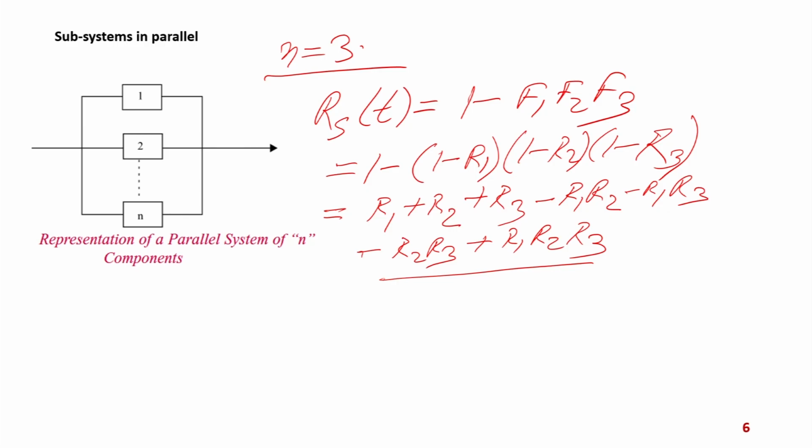So, now if I take a general case, I can write R s(t) is equal to 1 minus the product of the n elements, 1 minus R i.